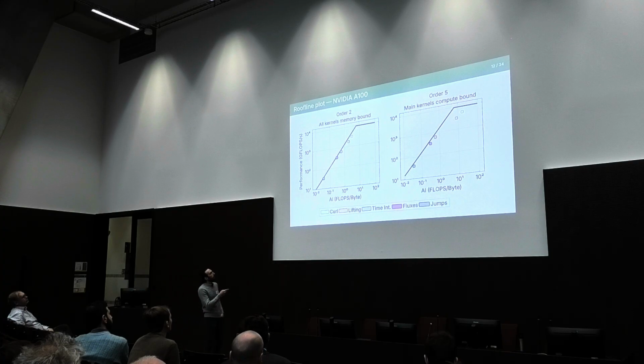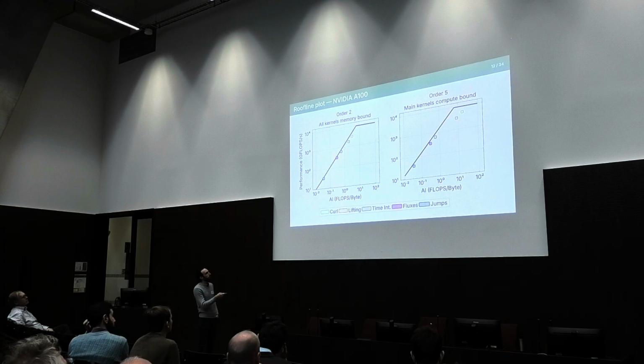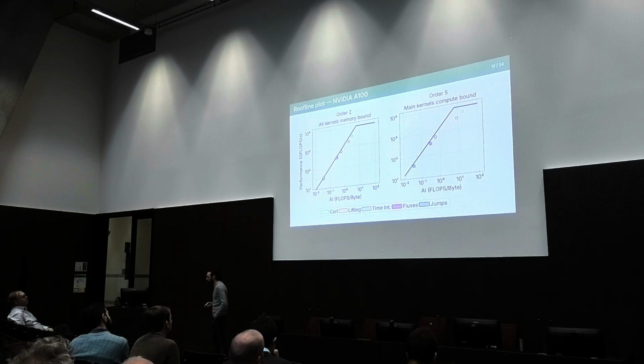We have a few kernels, the computation of the flux, the jumps, and the time integration, that are always compute bound. However, going from order 2 to order 5, two other kernels, the curl and the lifting, move from being mostly memory bound to compute bound.